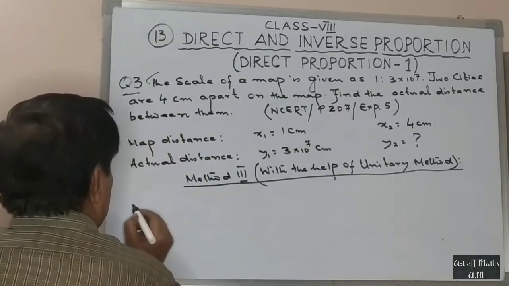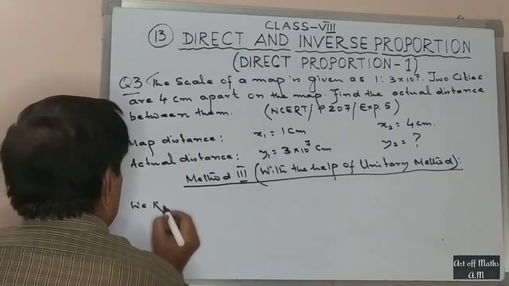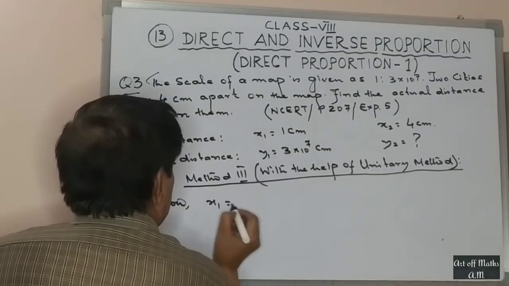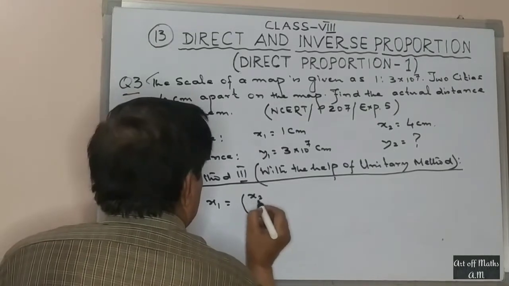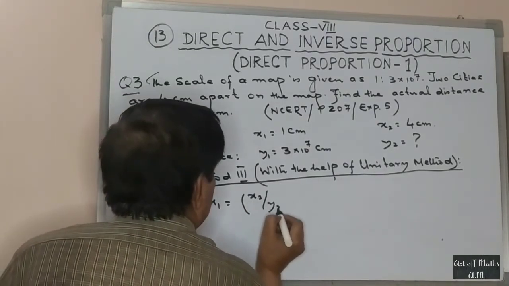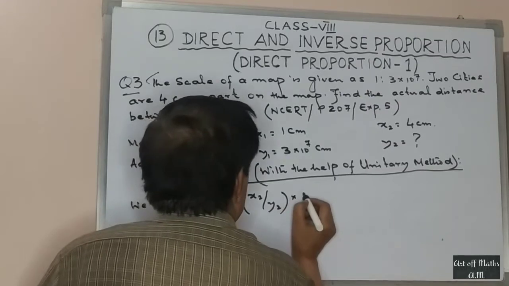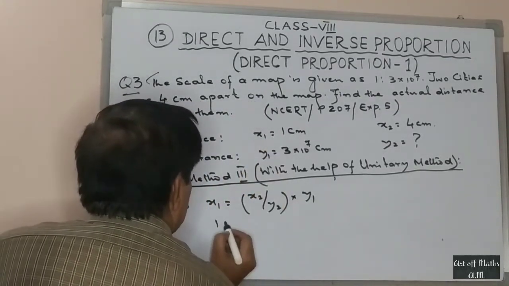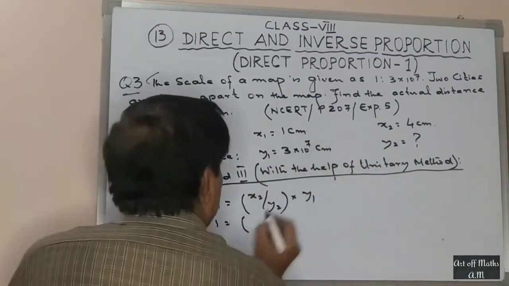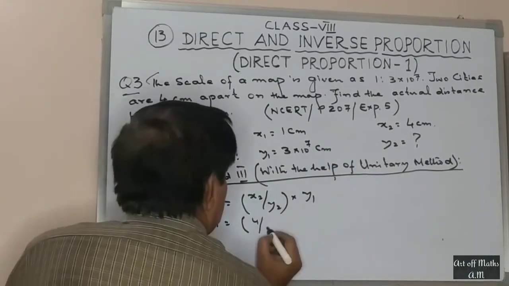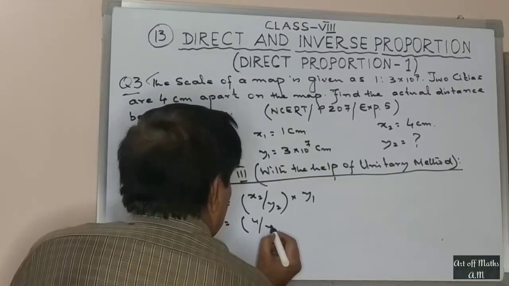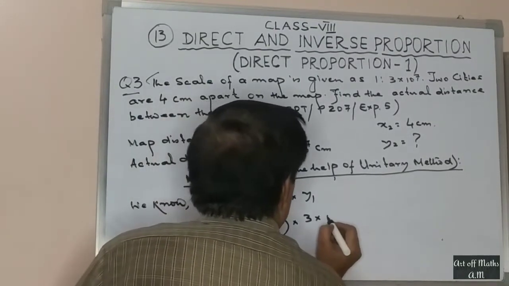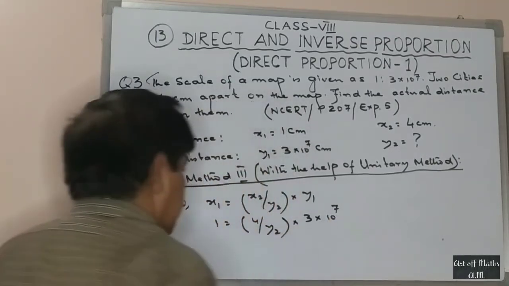Here we know x1 equal to x2 by y2 into y1. x1 is 1 centimeter, x2 is 4 centimeter, y2 into y1 is 3 into 10 to the power 7.